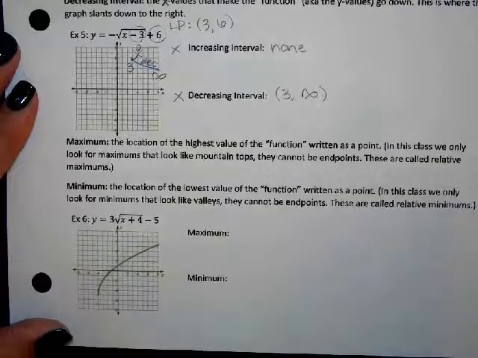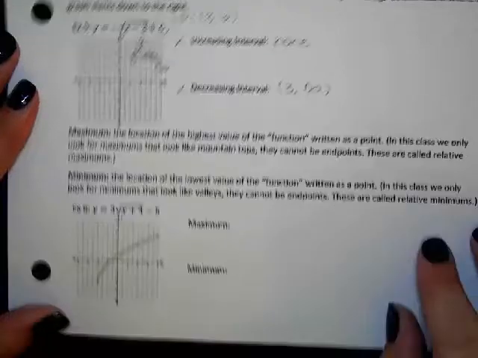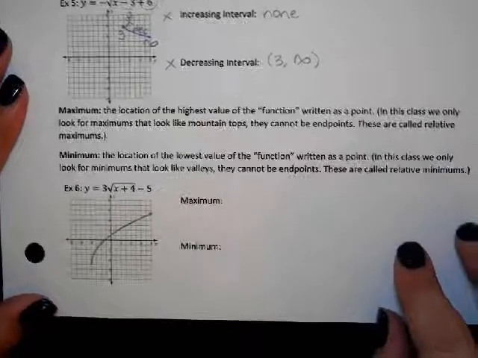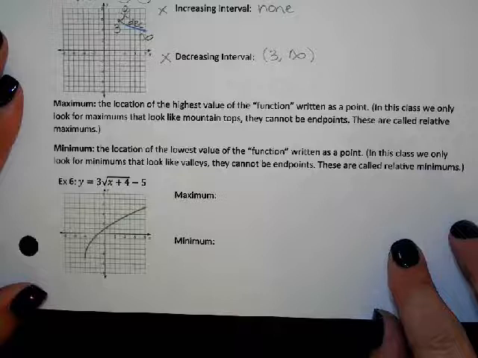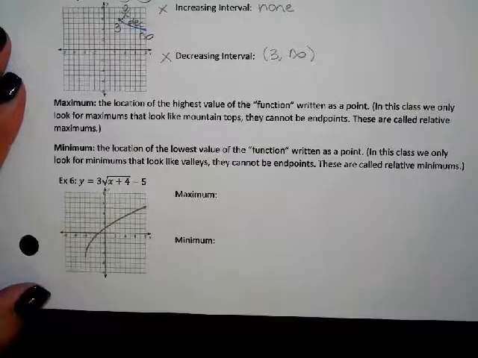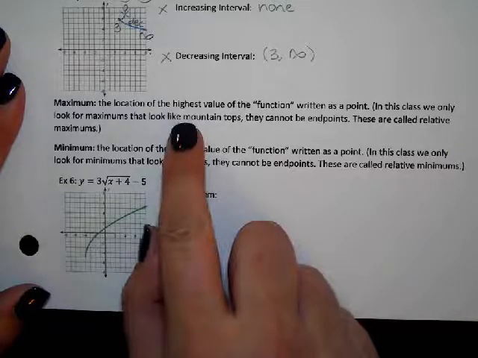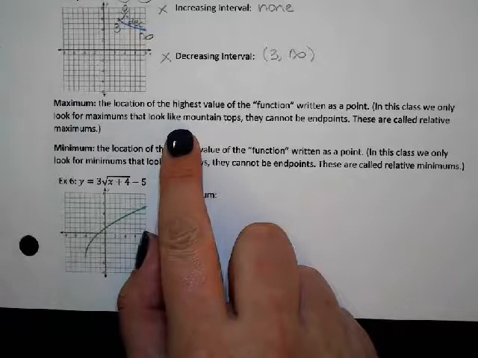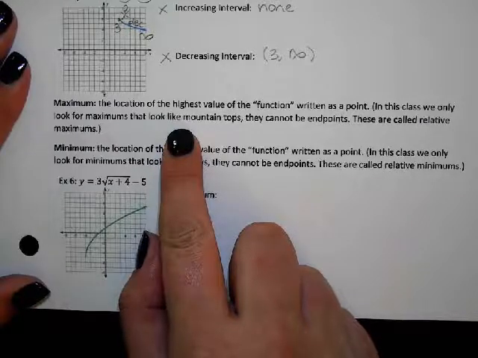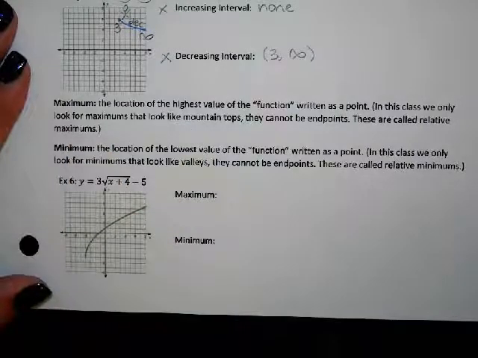All right. For maximum and minimum, now we are going to get a little bit more specific on these graphs. I went ahead and added this on these notes. If you compare this to last unit's notes, it did not say this. When we look for maximums, go ahead and circle this, and if you have a highlighter, highlight it.